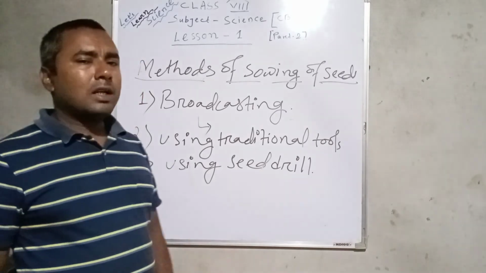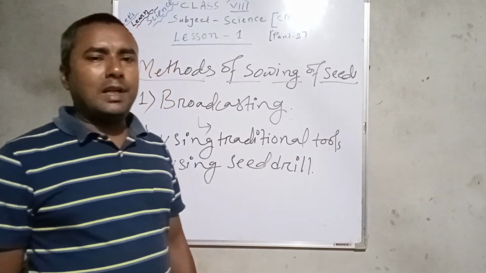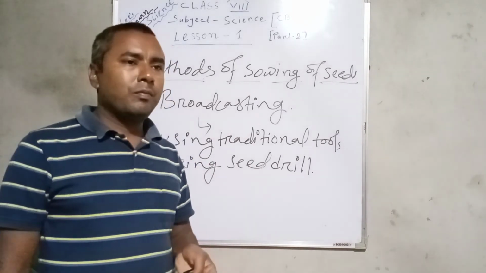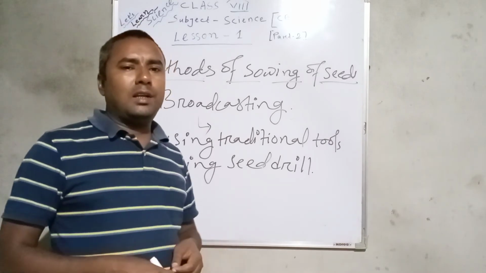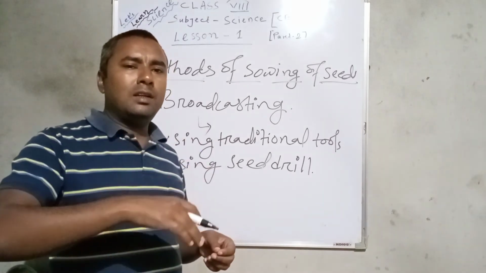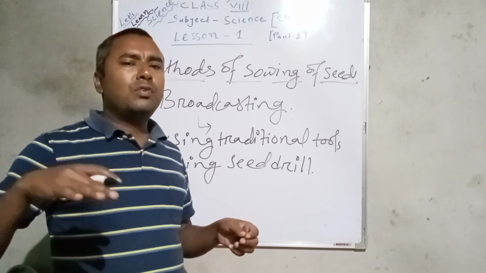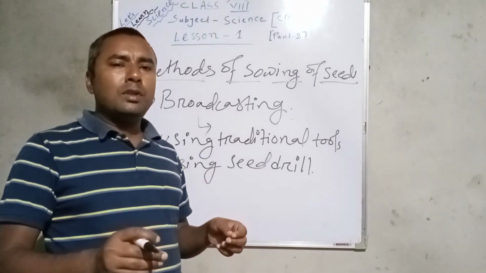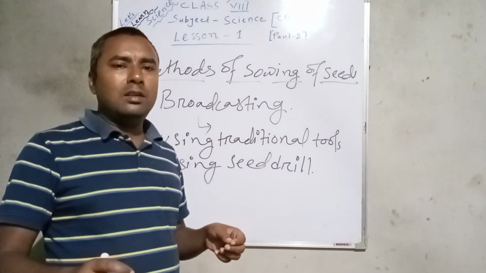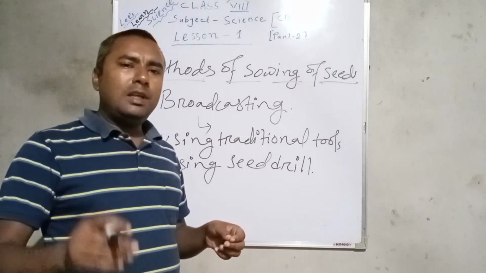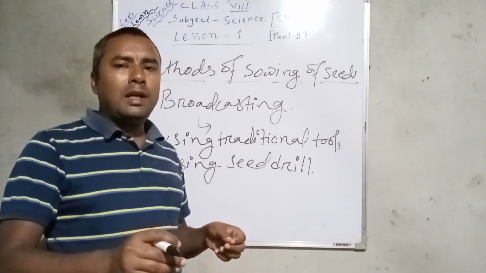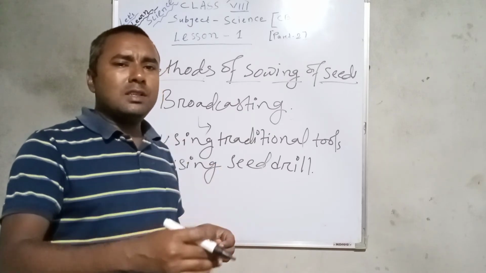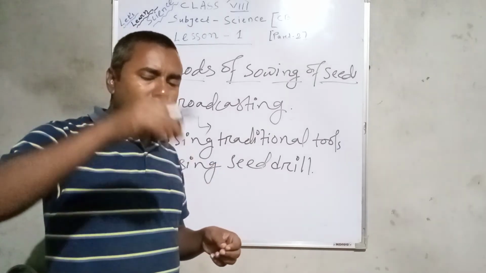Seed drill is connected with the cultivator, a tractor driven cultivator, and there is also a funnel. Seeds are kept in the funnel, and when the tractor moves in the prepared soil, through the funnel and through the narrow pipe, the seeds are deposited in the soil at appropriate distance and at a definite depth.